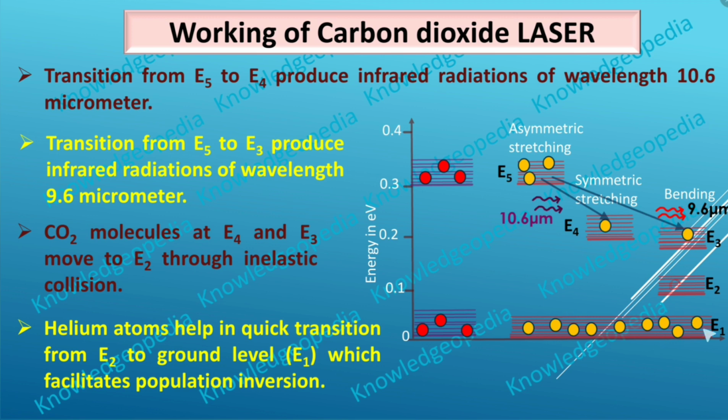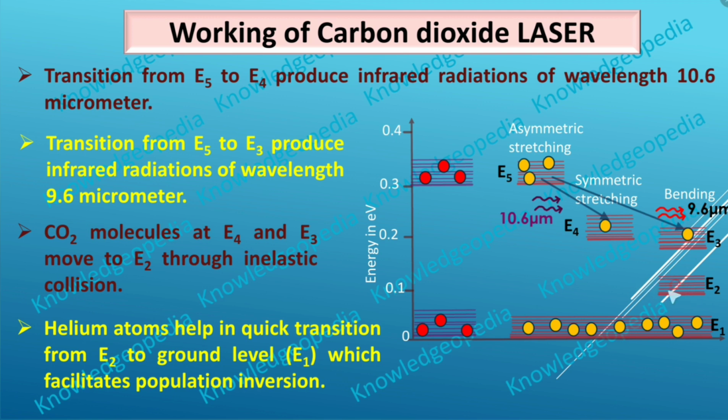So we are getting a huge number of carbon dioxide molecules over here, and these are again pumped to E5 by collision with nitrogen molecules or with the electrons. So the total process will continue and the population inversion is maintained.